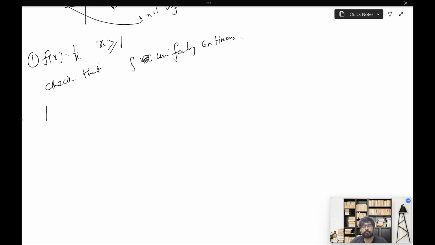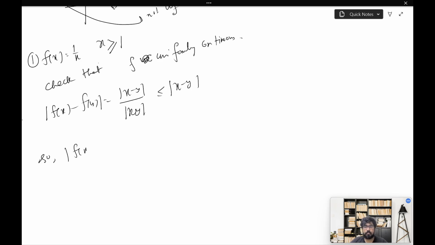First calculate mod f(x) minus f(y). This is mod x minus y by mod x mod y. Anyway, this is less than or equal to mod x minus y. So basically mod f(x) minus f(y) is less than or equal to mod x minus y. Choose an epsilon greater than 0 and choose delta equal to epsilon.